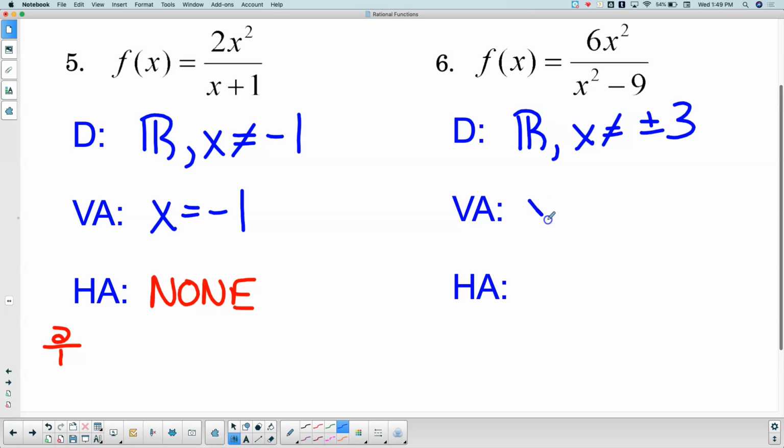X equals 3, and then X equals -3. Degree of the top. Degree of the bottom. Bigger, smaller, same. Same. So that means what?